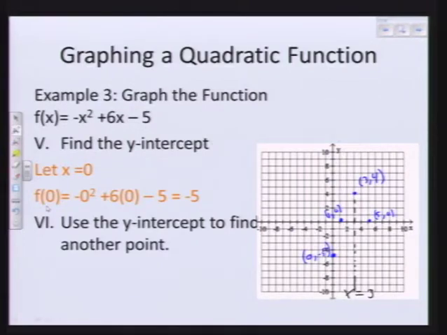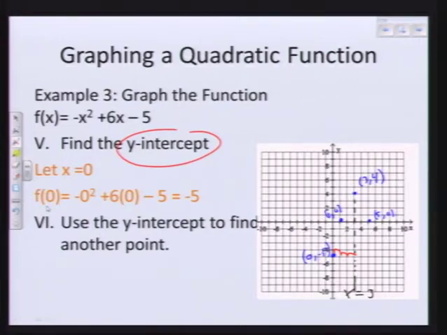And so as we look at our y-intercept, if we start at our axis of symmetry and go over to our y-intercept, we can go over 1, 2, 3 units to the left of our axis of symmetry, which gives us our y-intercept there. All right? Since the axis of symmetry, if we go an equal distance in either direction from our axis of symmetry, we should have a point on the graph.